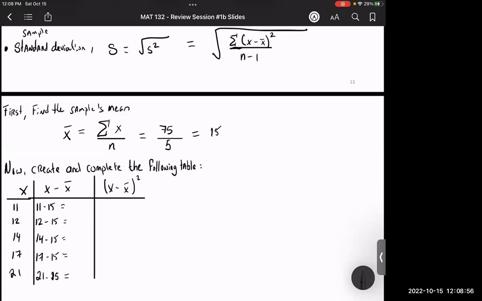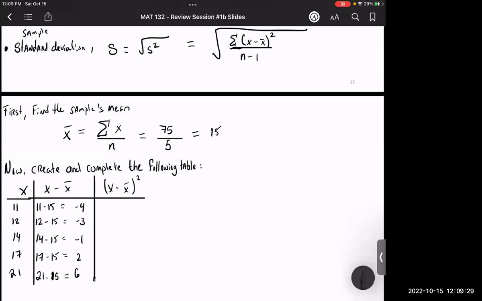What's 11 minus 15? -4. 12 minus 15? -3. 14 minus 15? -1. 17 minus 15? 2. And 21 minus 15? 6. There you go.